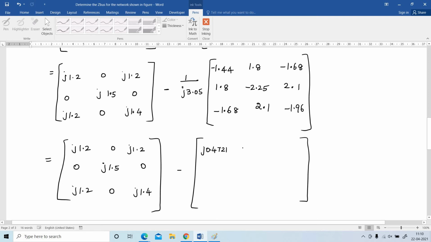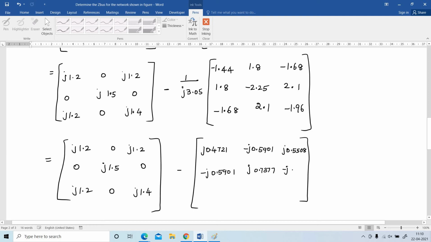0.4721. Next minus J 0.5901. Then J 0.5508. Then minus J 0.5901. J 0.7377.